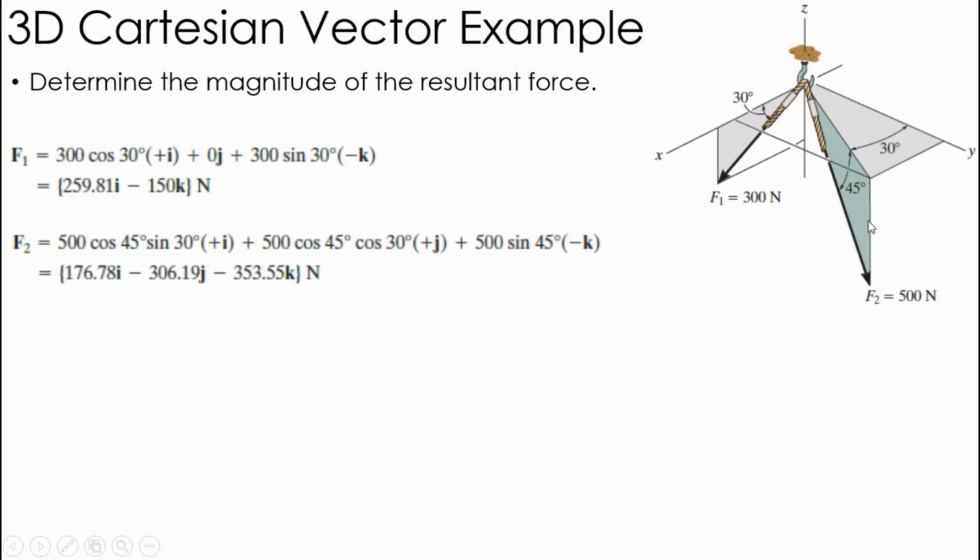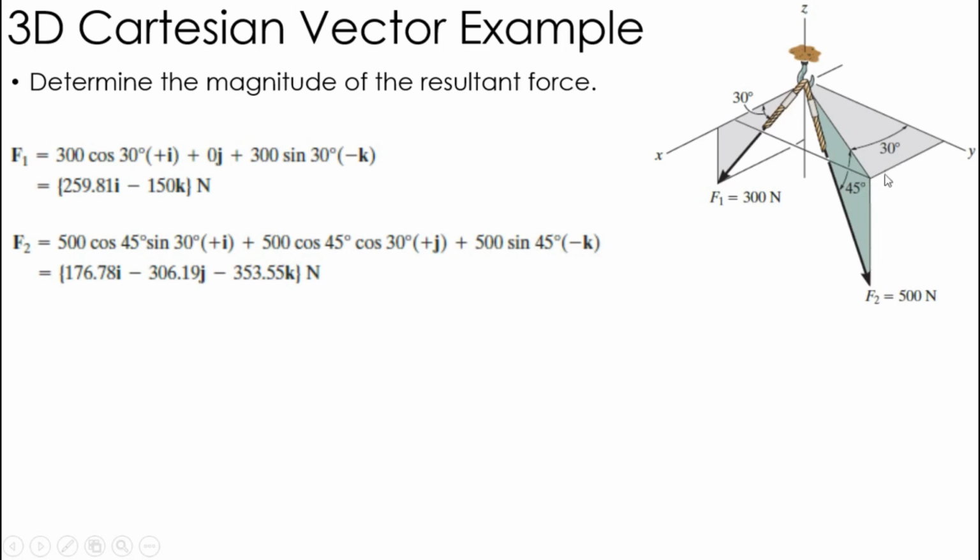That is F sub z. If the hypotenuse of this right triangle is right here, that is 500. That means the Fz component is opposite that, so it's going to be 500 sine 45, and that's in the negative z direction. Again, that's this line right here.